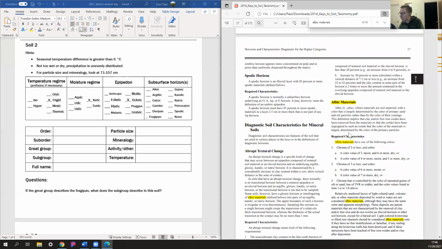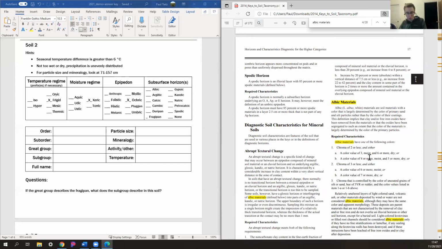Albic materials, all right. The required characteristics to have an albic horizon or albic materials in the soil are really based on color. So if the chroma is 2 or less, while the value is 3 moist or 6 dry, or 4 moist or 5 dry, it's really just based on the color.